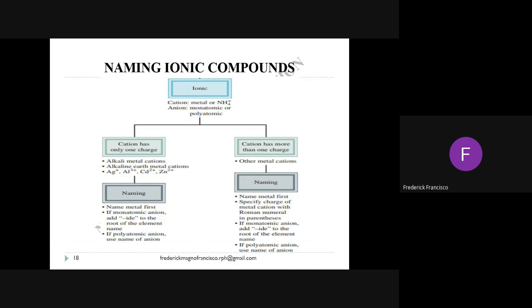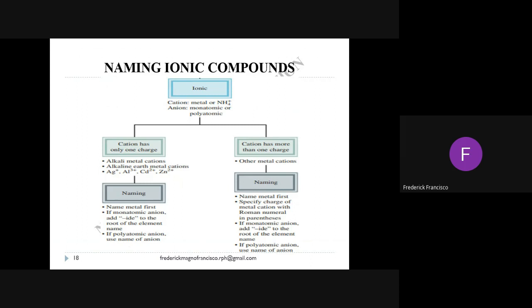Many ionic compounds are binary compounds, or compounds formed from just two elements. For binary compounds, the first element named is the metal cation, followed by the nonmetallic anion.